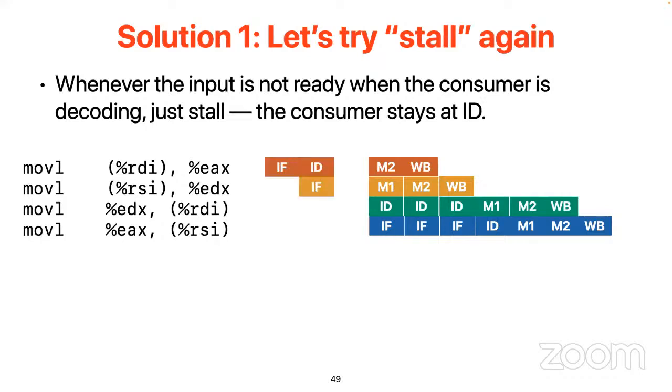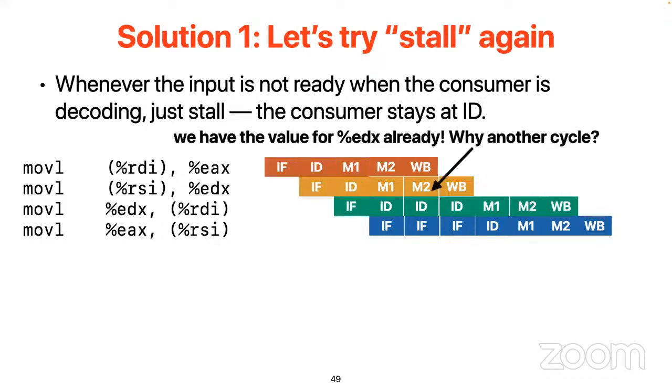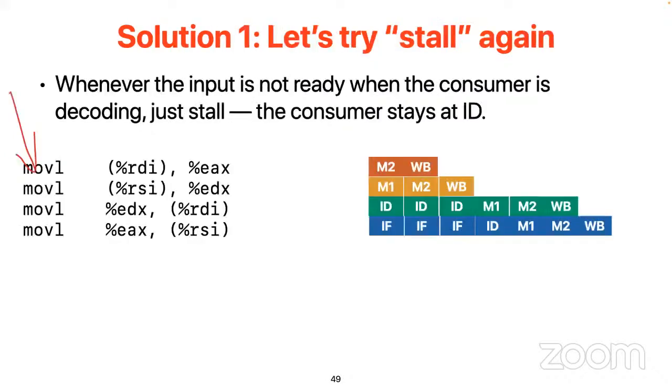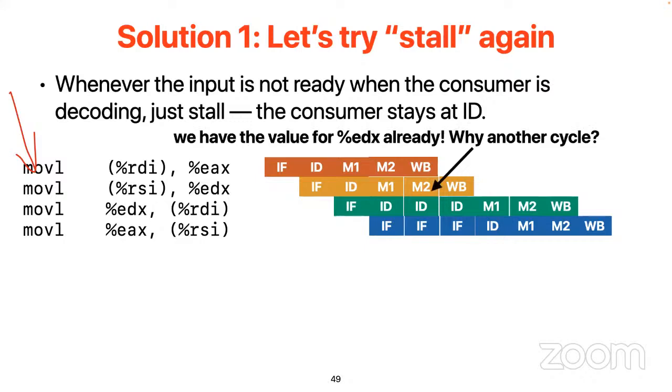So for this particular one, if we try stall for the origin, the most simple and naive version, we will see that there are cases where we already have the value of EDX already, but just because the design of our pipeline doesn't allow us to get the value at the time we want it, even though it's already generated by the M2 stage, we still cannot consume it. So it increased the amount of stall we need.